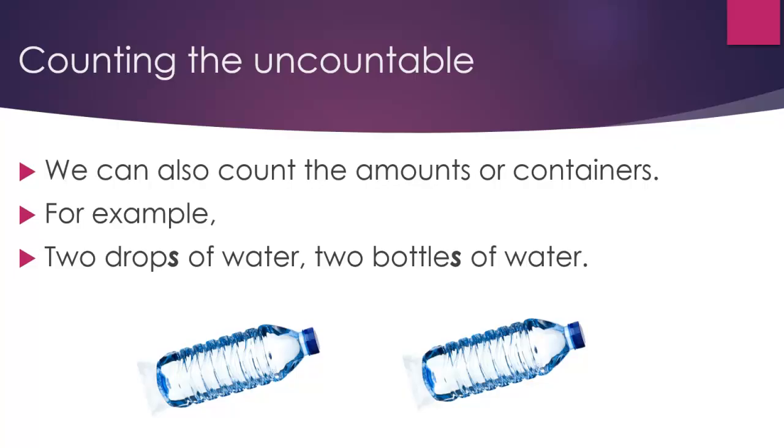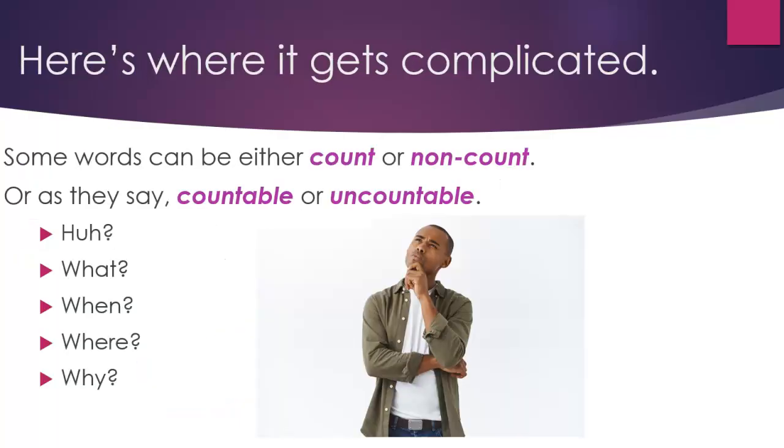Counting the uncountable. We can also count the amounts or containers. For example, 2 drops of water, 2 bottles of water. Here's where it gets complicated. Some words can be either count or non-count, or as they say, countable or uncountable.